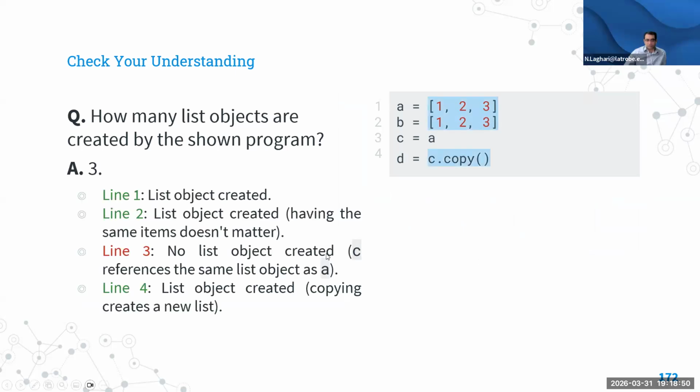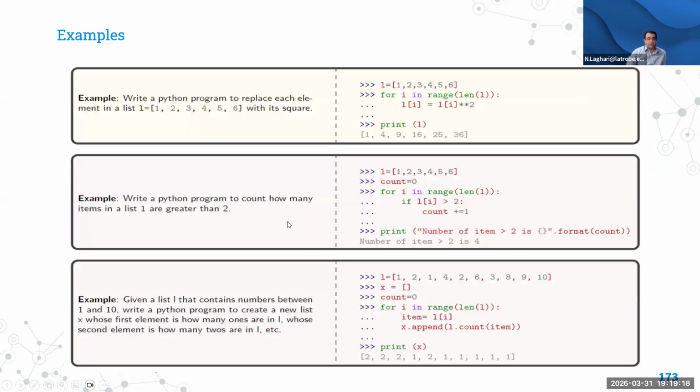So we have one list created here, and another object here. C is just a reference copied from A, and then we created a separate copy from C and assigned it to D. So in total, 3 list objects were created.